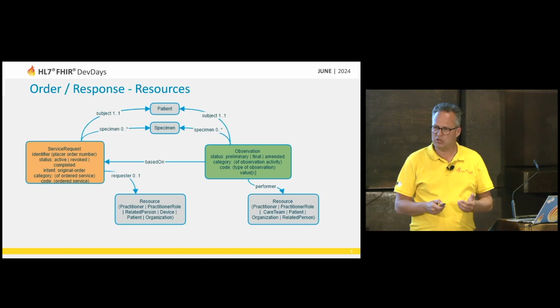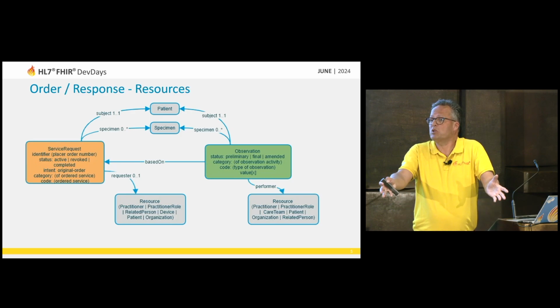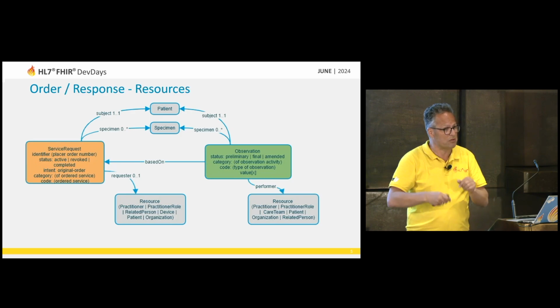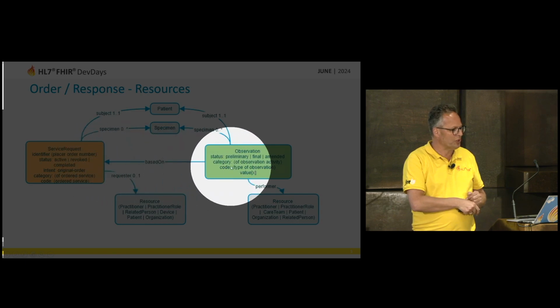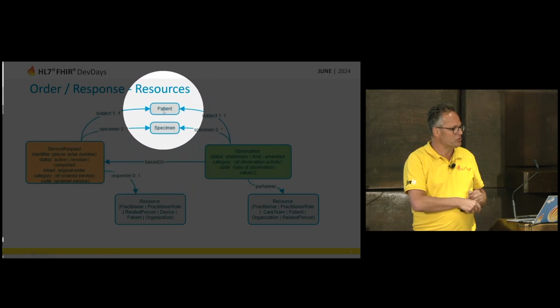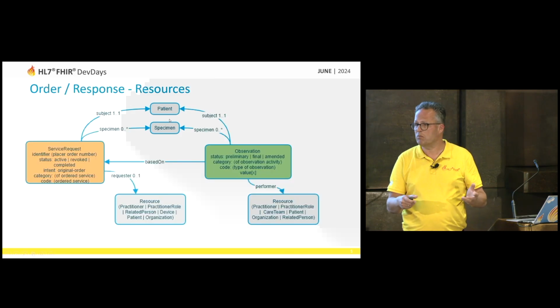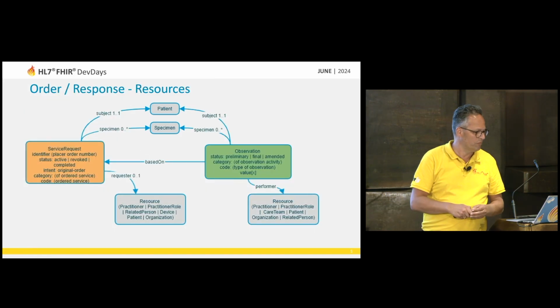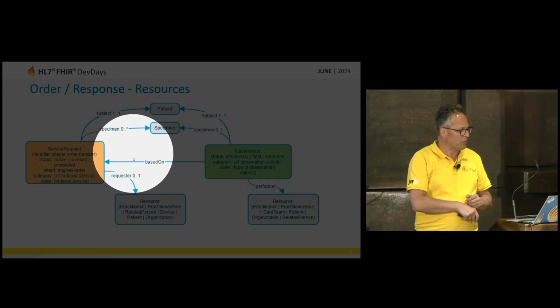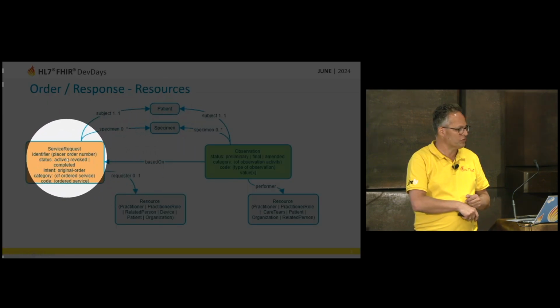Now, if you look at the remainder of this, FHIR is all about resources and references between resources. So both this request as well as the resulting observation have a reference to the patient and the specimen. Right? In laboratory, we mostly do testing on specimen and not on the patient themselves. We also have a requester reference here from the service request.